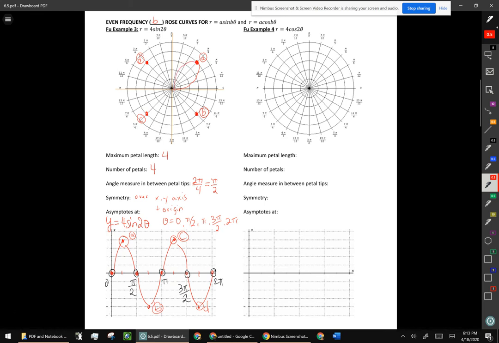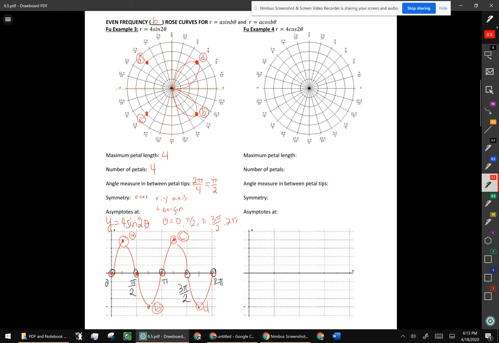Now in quadrant 2, I'm not going to draw that petal in quadrant 2. I'm going to draw it in quadrant 4 because it went backwards, right? It had a negative radius. And watch, it's going to go at 0, then to the petal, and then back to the pole.